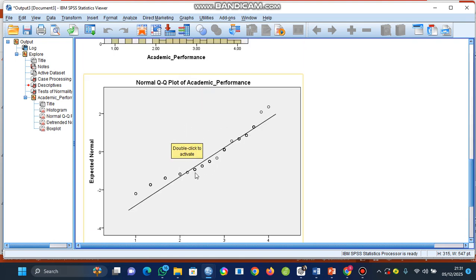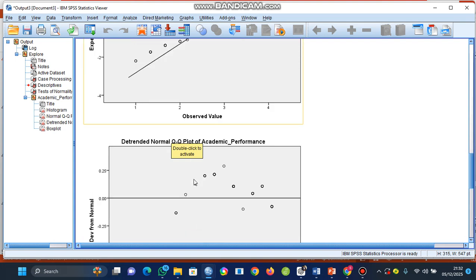Now you go to the next one, which is the Q-Q plot, the quantile-to-quantile plot. I told you that when points are concentrated along the diagonal line, it shows normality. But look at the way points are sparsely distributed. They are not close to each other. Of course, there are some along the diagonal line, but some are deviating from the diagonal line, showing that there is no normality.